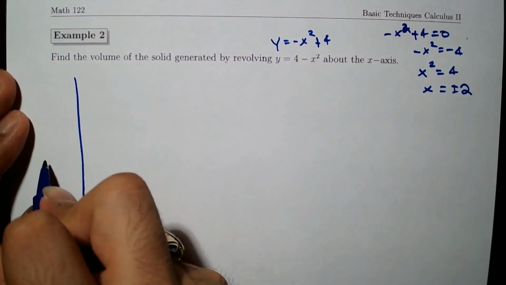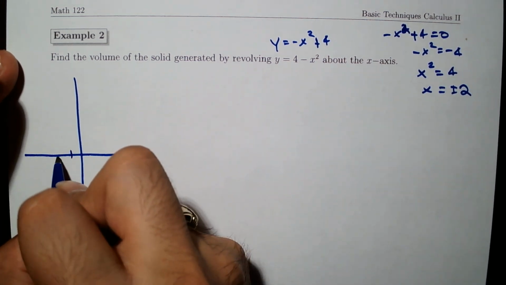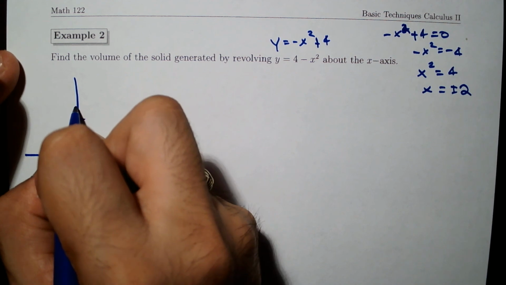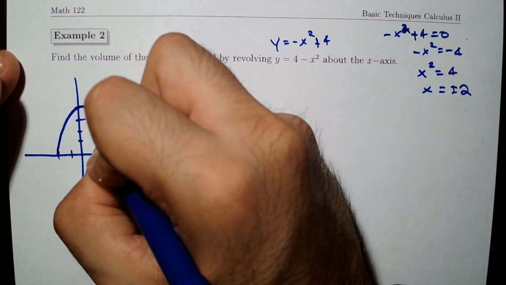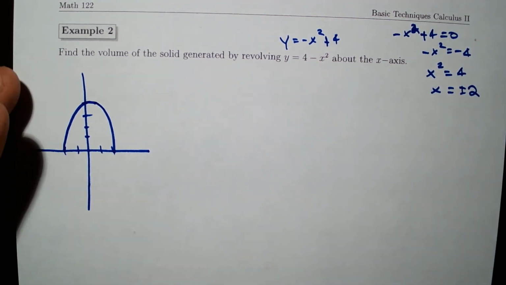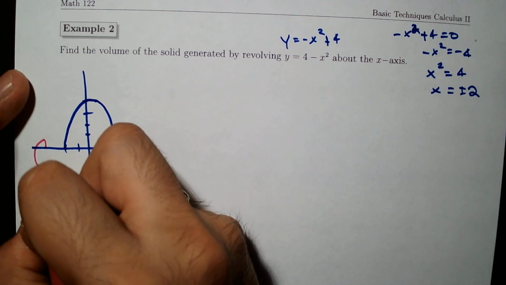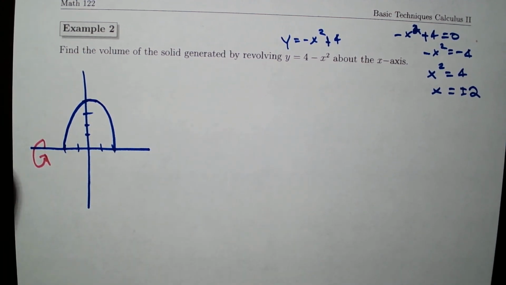So this parabola will have the following limits of integration. Negative 2, 1, 2, 3, 4. So we are going to have an upside down parabola. Okay, and if we revolve it about the x-axis, we are going to have the following.